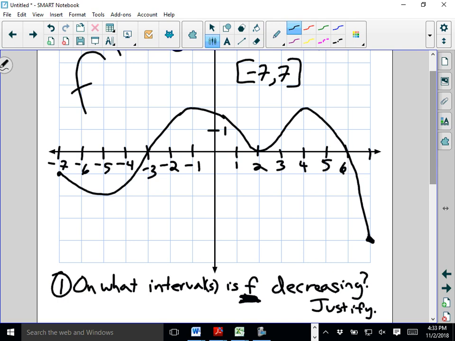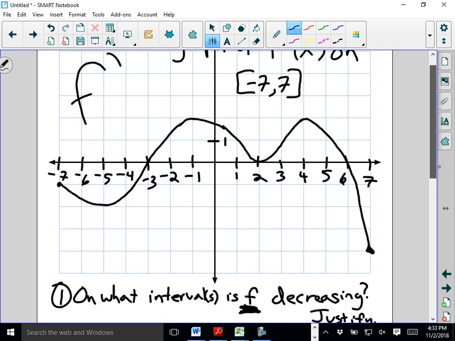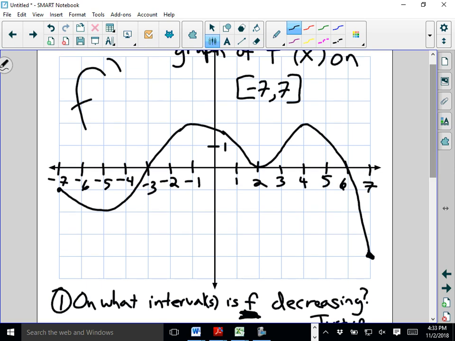Well, f decreases whenever f prime is negative. So I only want to look at this graph. I want to report the regions where this graph is negative, or where this graph is below the x-axis. Well, it's below the x-axis in this part over here and in this part over here. So those are the answers that I report. I don't care if this graph is going up or down. I don't care if this graph is increasing or decreasing. I care if this graph is positive or negative.